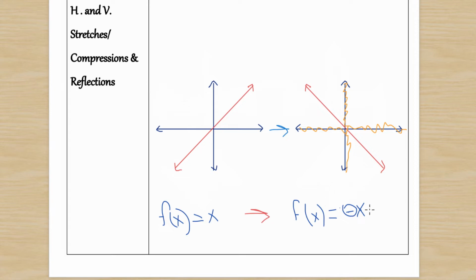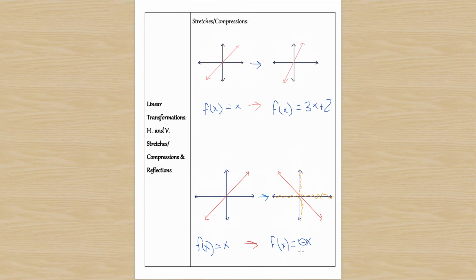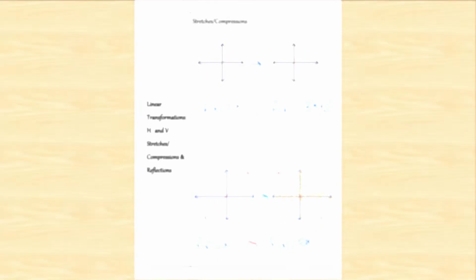Whenever you see a negative in front of the variable x, that means there is a reflection. So these are the basics of stretches, compressions, and reflections. We'll learn more about them on the next page as we solve our practice problems.